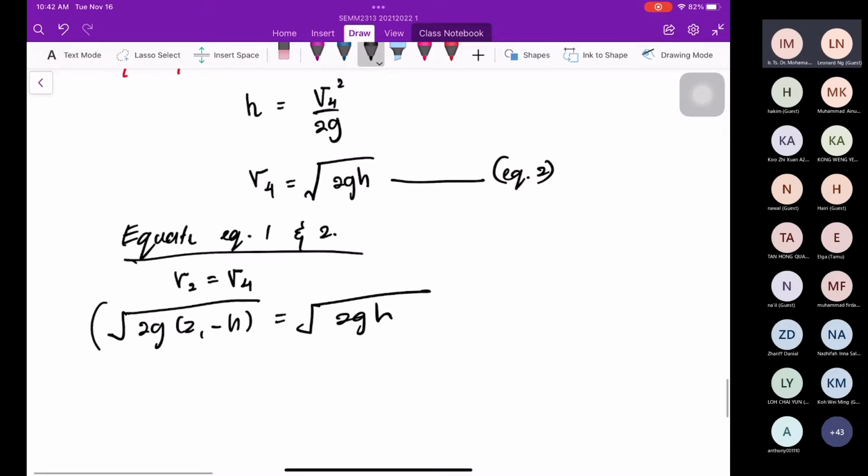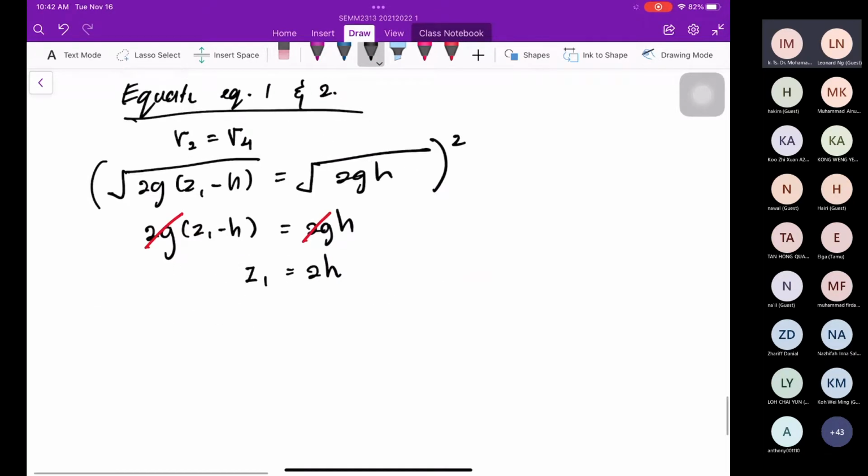So square both sides, you will get 2G(Z1 minus H) equals 2GH. Then you can cancel out 2G and 2G, you will have Z1 equal to 2H. So H is basically Z1 over 2. This is equation 4.